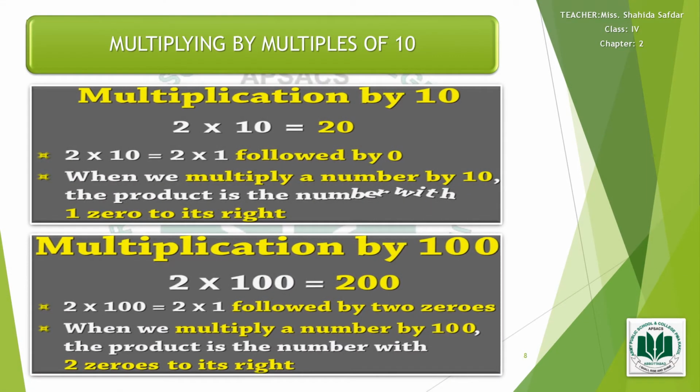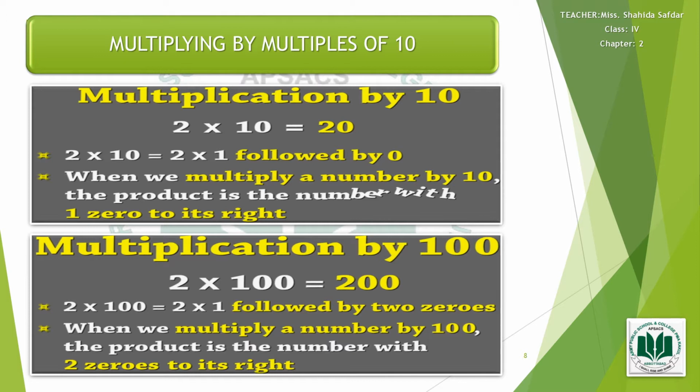Here we will learn how we multiply any number with 10 or multiples of 10. For multiplication by 10, we get the answer by following a pattern, that is by putting a 0 at the end of the number.